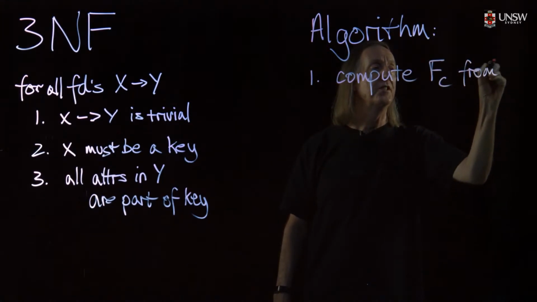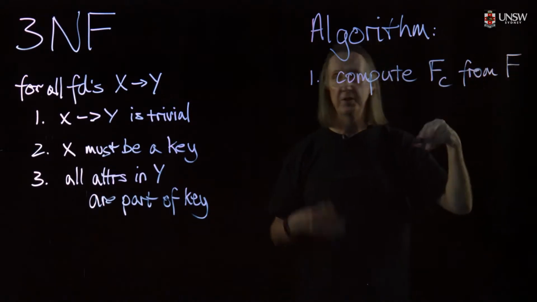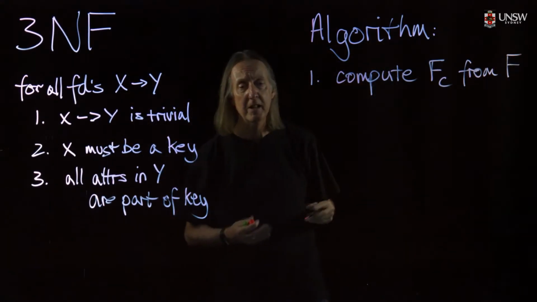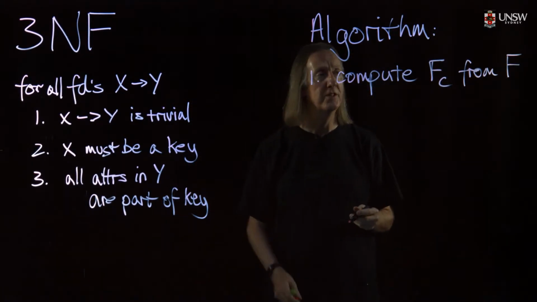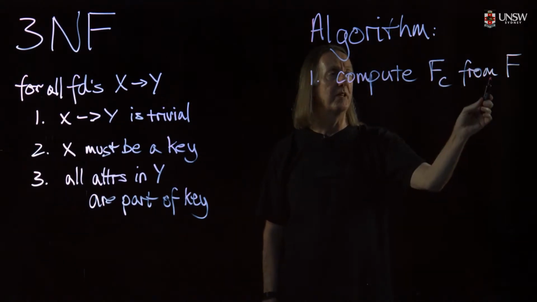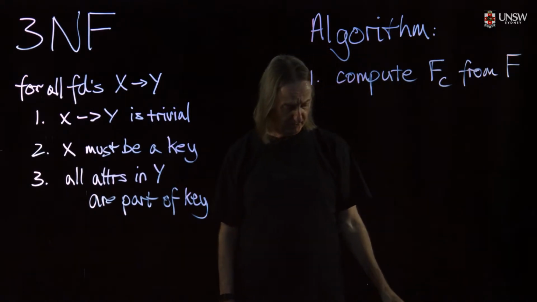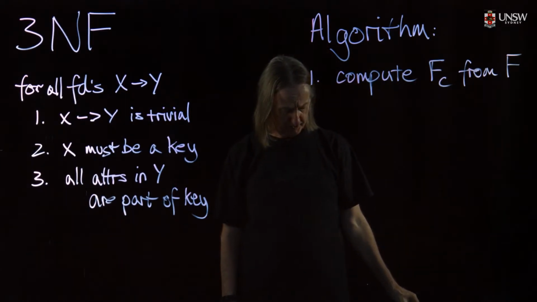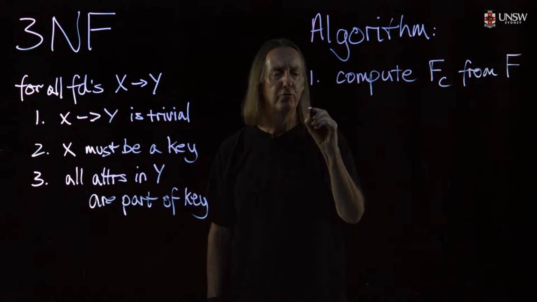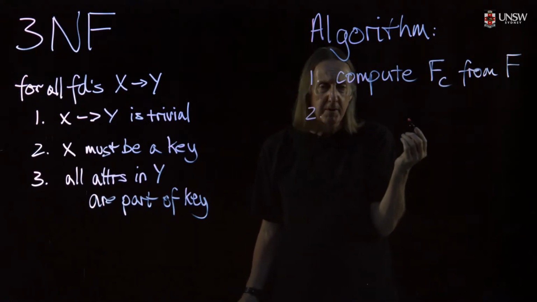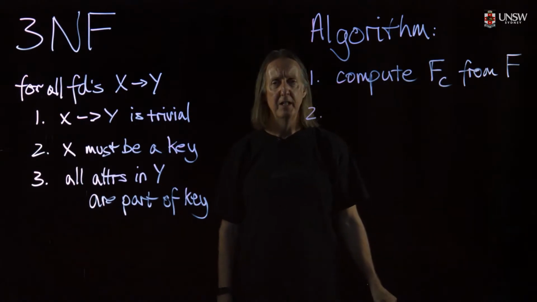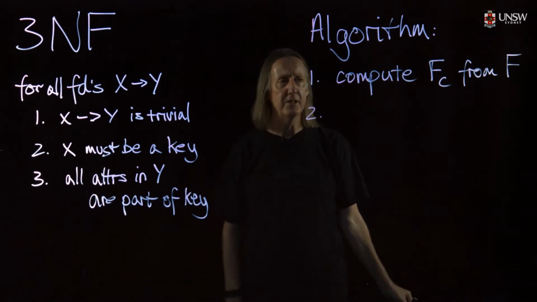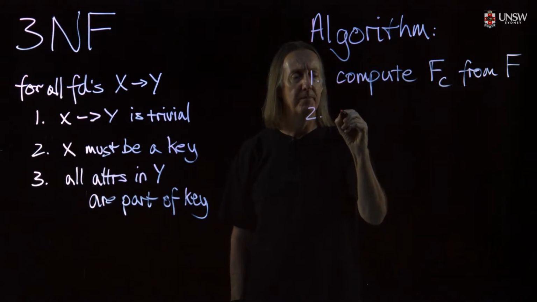So you're starting from a set of functional dependencies, and you want to work out a schema that involves the attributes from those functional dependencies that satisfies these conditions. So we start from our functional dependencies, we compute a minimal version of those. Step two, very simple. We basically take all of the functional dependencies in the minimal cover and we turn them into tables.